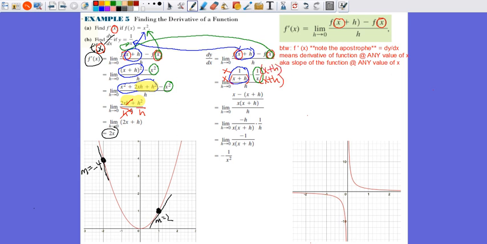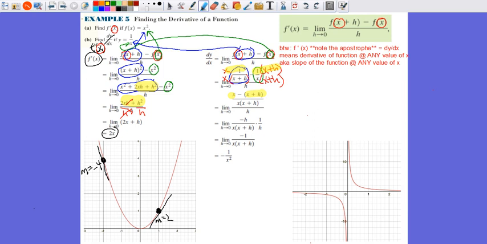And then you're going to get x. This becomes that, and this becomes that, and the denominators combine to become this right here.